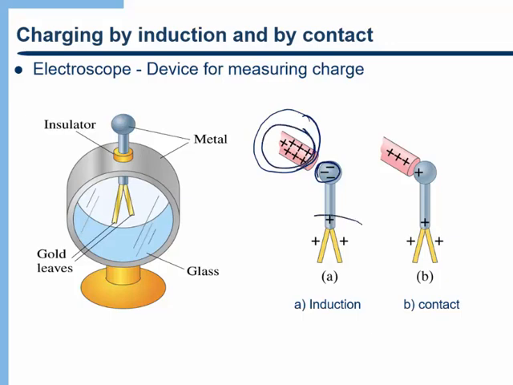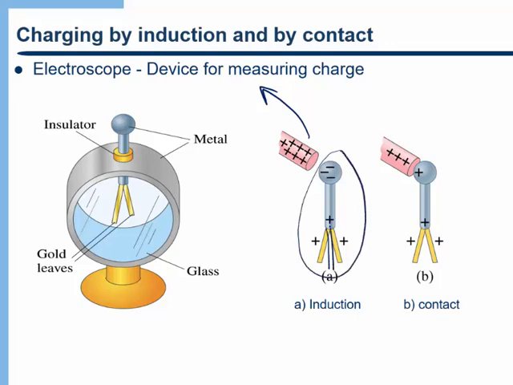And what I'm going to find is those leaves separate from each other because of this charge separation, so that down here, since it's all positive, those leaves will repel each other. In that case, and we call that charge by induction, as soon as I remove this rod, the leaves would go straight back down because this is still neutral. You'll notice I haven't actually transferred charge to that object.